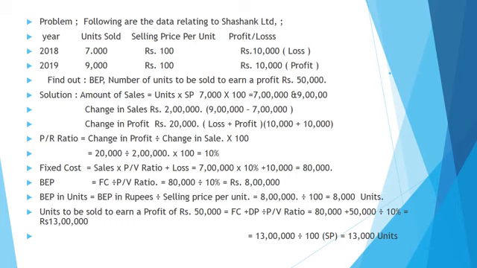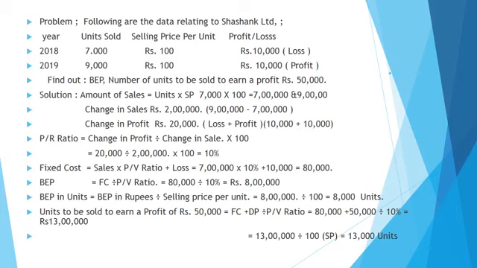Before calculating the PV ratio, as I have told you already, we have to calculate change in sales and change in profit. Change in sales is equal to rupees 2 lakh.